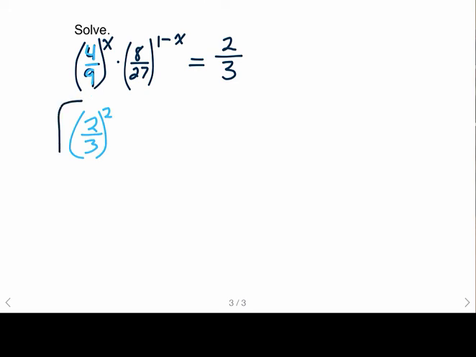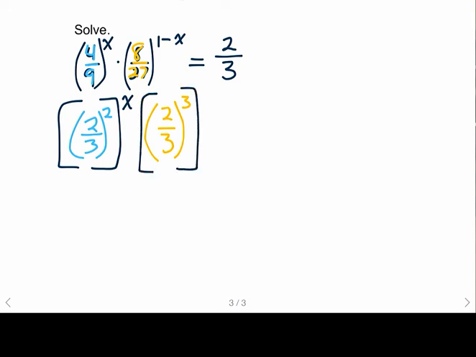And since we have 4/9 to the x, we actually have 2/3 squared to the x. 8/27 likewise can be written as having a base of 2/3. 8/27 is going to be 2/3 cubed.